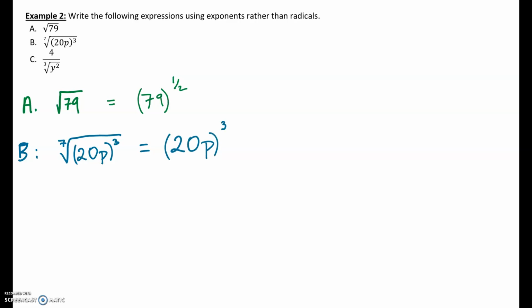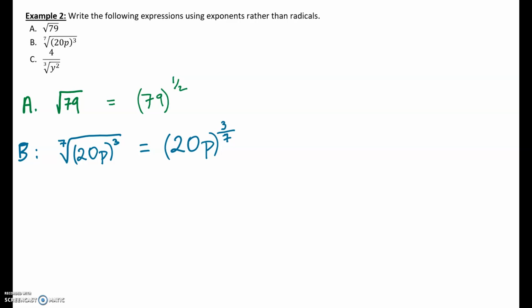Okay, so 20p cubed is the same, but then we're taking the 7th root, so the 7 becomes the bottom of a fraction. Okay, and it's just 20p to the power of 3/7.